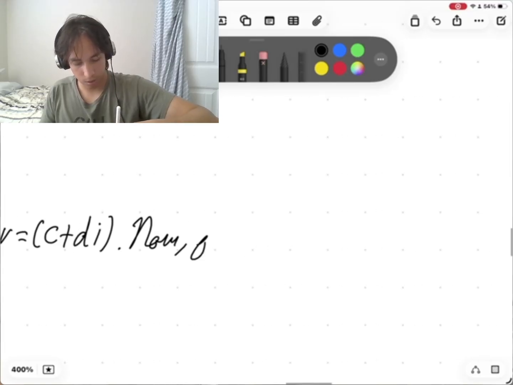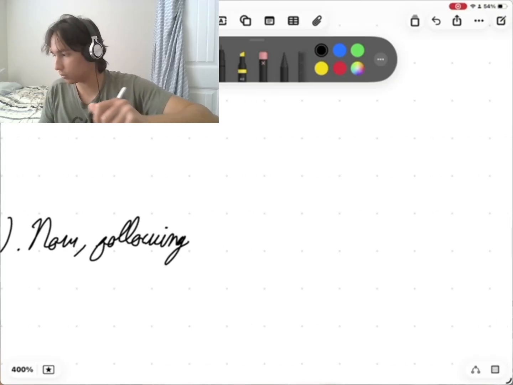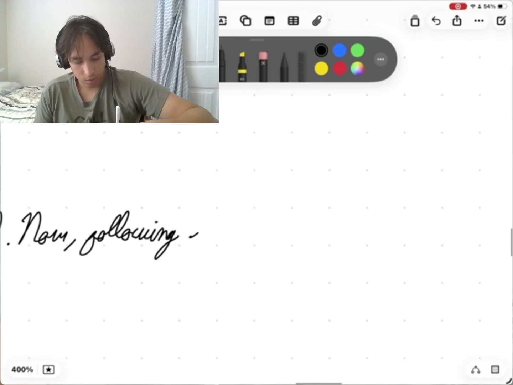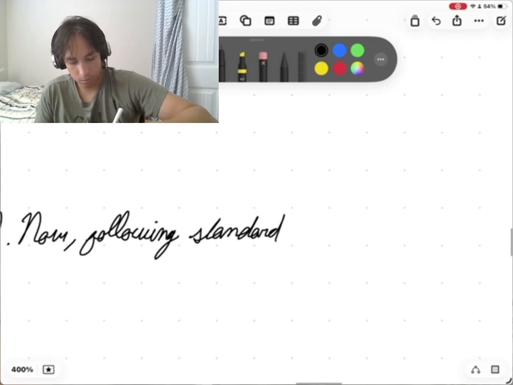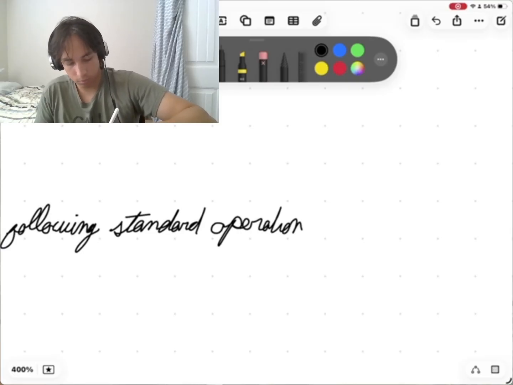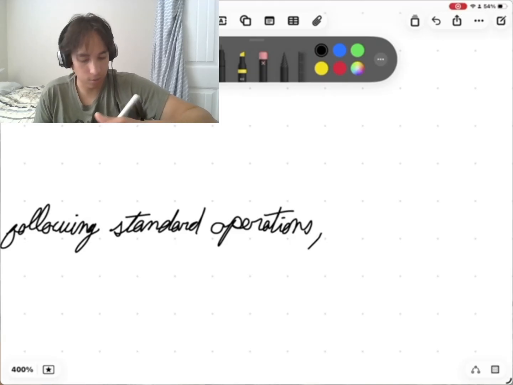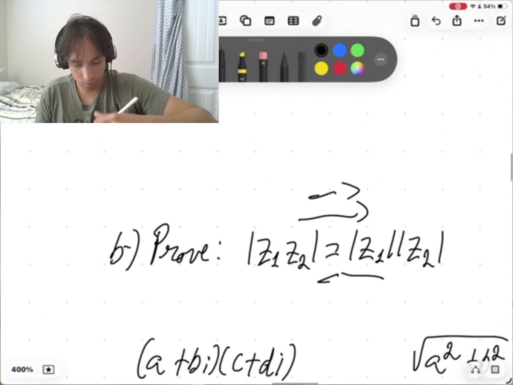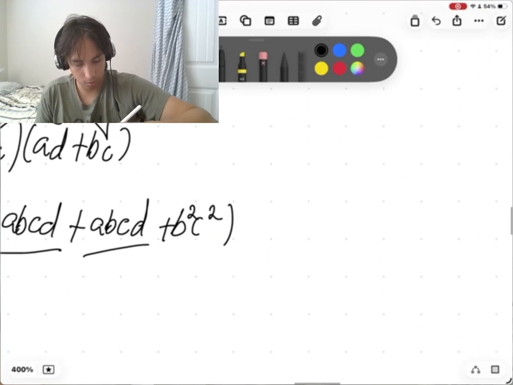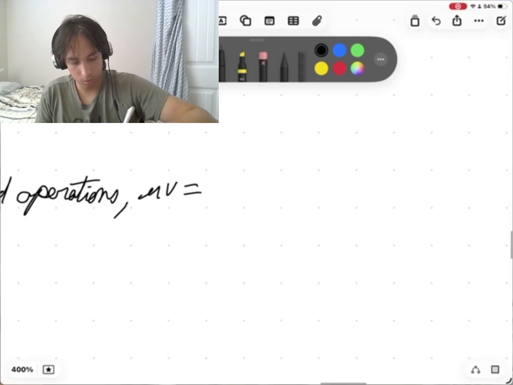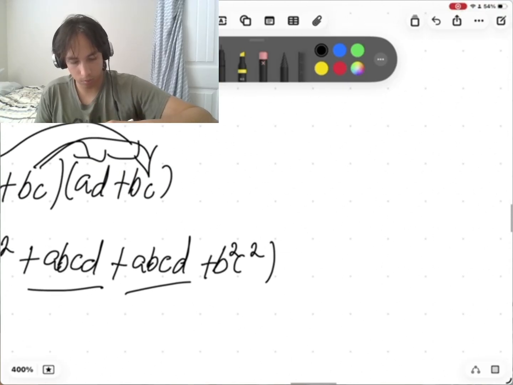Now, following standard operations, whatever that means, I'm going to go from left to right, so u times v, uv equals what?